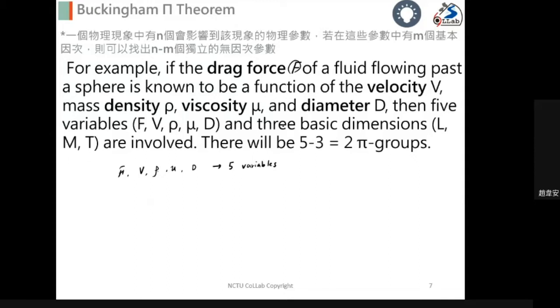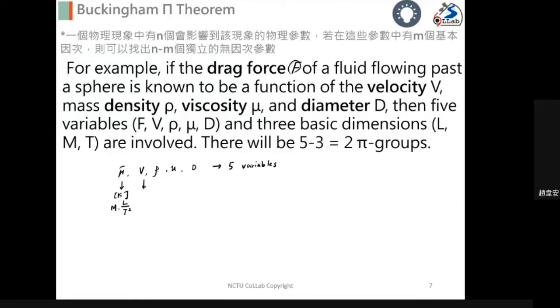And how many dimensions are involved? As you see, what is the dimension of the force? We need to have the mass first, and the force is equal to mass times length divided by time squared.